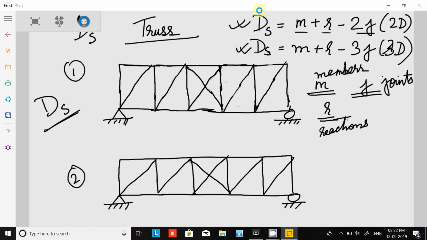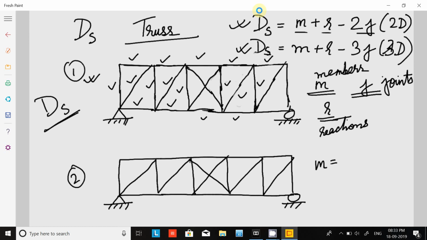Now if I try to calculate for number 1, how much will be m? m will be how much? 1, 2, 3, 4, ... 21, 22. So m is 22.